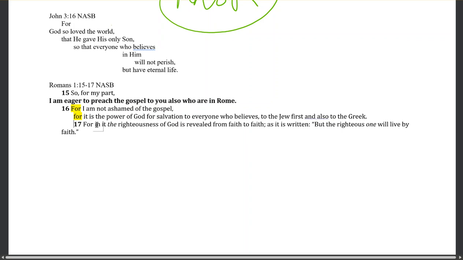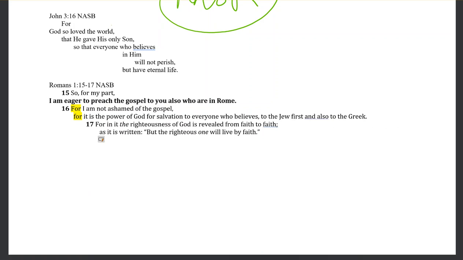Because in the gospel, the righteousness of God is revealed from faith to faith. As it is written here, this is a quotation and a comparison. Okay, as it is written, the righteous one will live by faith.